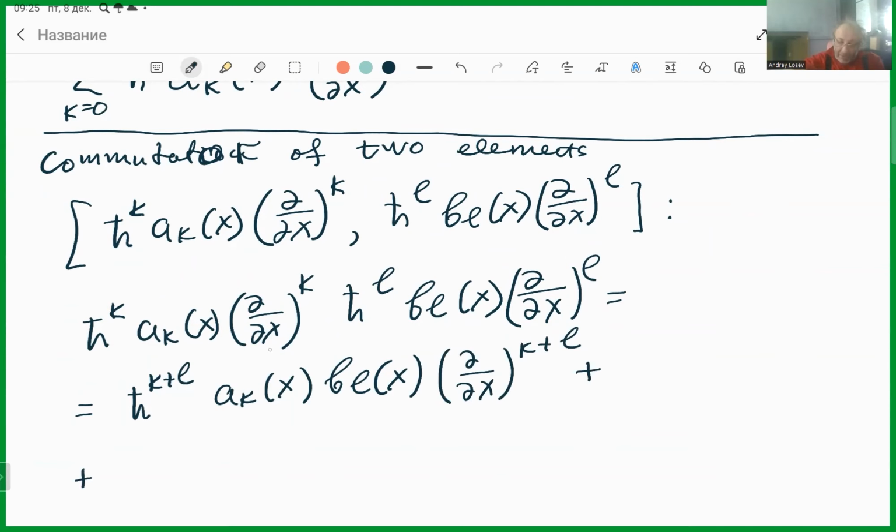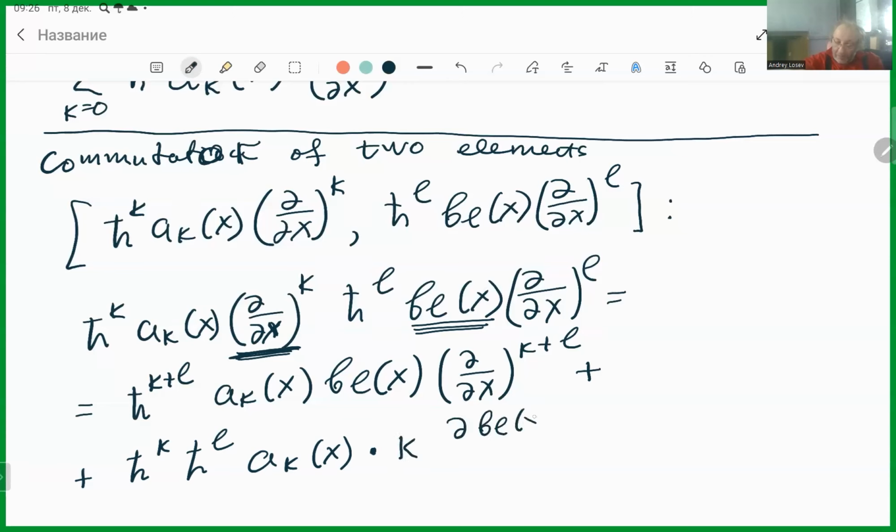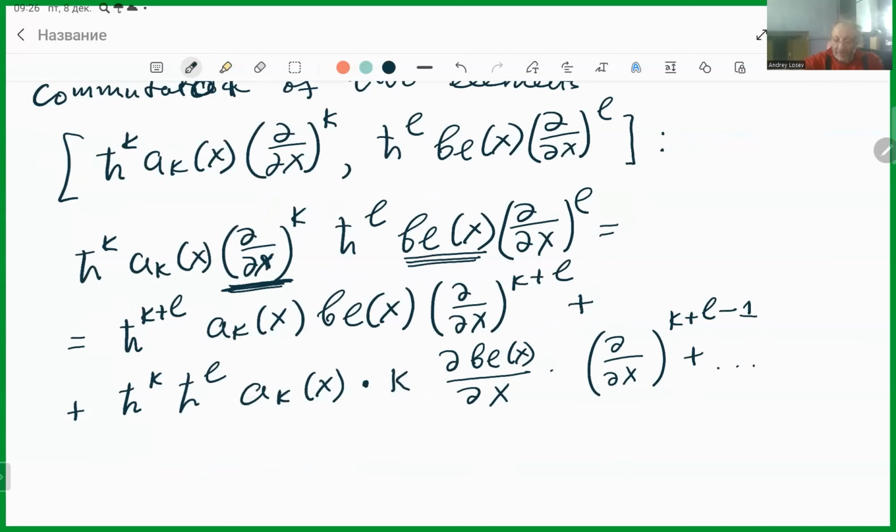And the extra term comes when we differentiate with this d over dx to the k the function b_l that stands here. So it will be h to the power k, h to the power l. So we are taking this derivative to the right, and we have actually k ways to differentiate this b_l of x, k minus 1 plus higher terms.